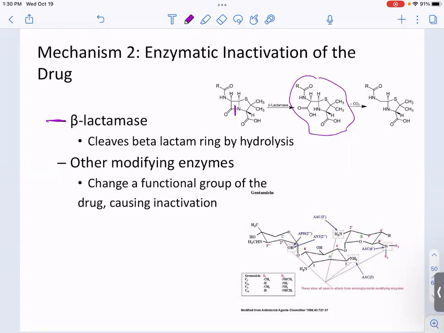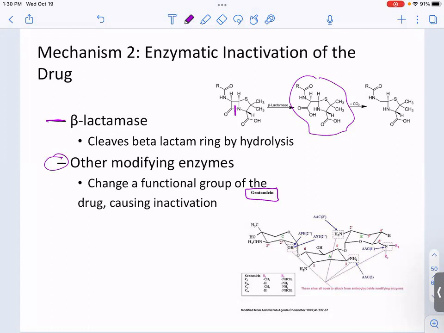So it's inactivating the drug. The bacteria is making the enzyme to inactivate the drug. There's other examples of this. I had to scan the literature to look for that a little bit. But here's an example. Here's a drug, an aminoglycoside called gentamicin.